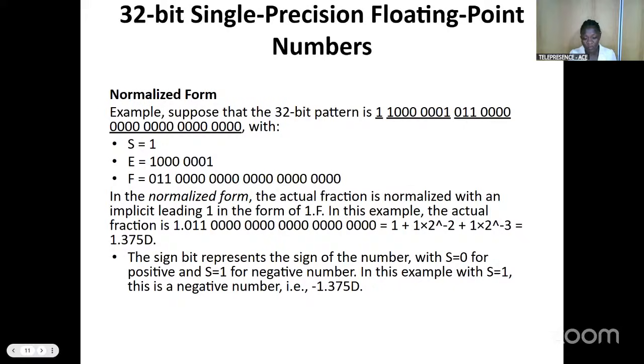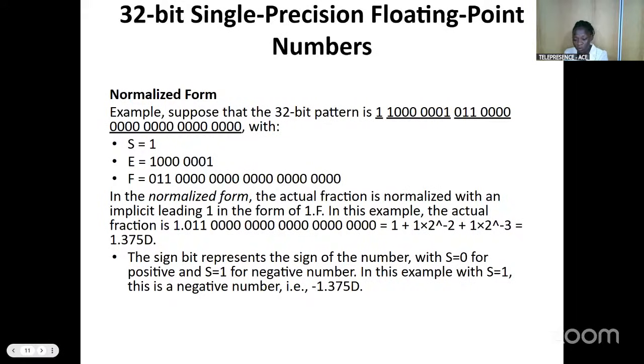In the normalized form, the actual fraction is normalized with an implicit leading one, in the form of 1.F. That is, the leading one is like 1 plus the fraction. In this example, the actual fraction is 1.0111, which gives us 1 plus 1 times 2 raised to the power of minus 2, plus 1 times 2 raised to the power of minus 2, and we have the decimal equivalent at the end.